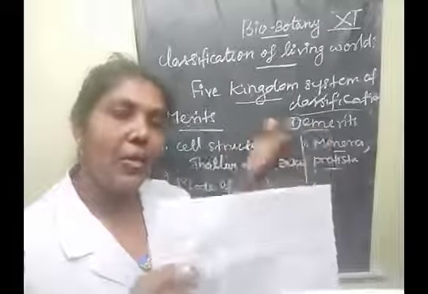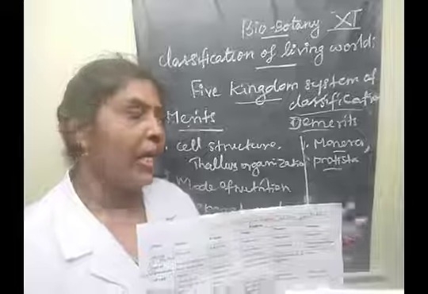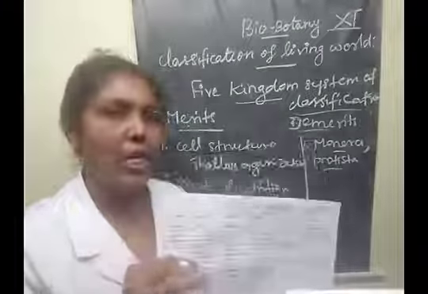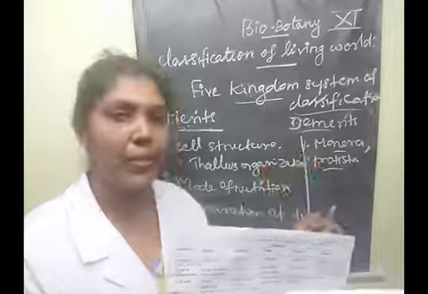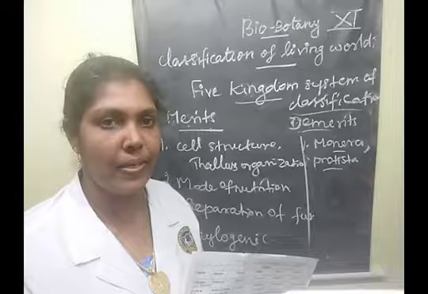Clear? Both types of nutrition are placed together. They accommodate them together. So that is one of the drawbacks or demerits of this system.